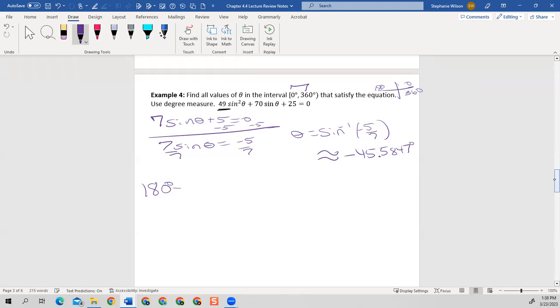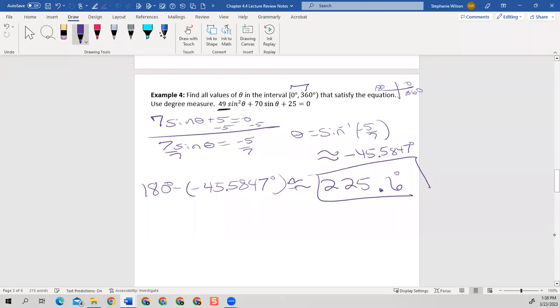So I'm going to subtract it, and a negative times a negative becomes a positive, so we end up adding it. So we get 180 plus 45.5847. Rounding to the nearest tenth, I get 225.6 degrees. That's one of my answers.